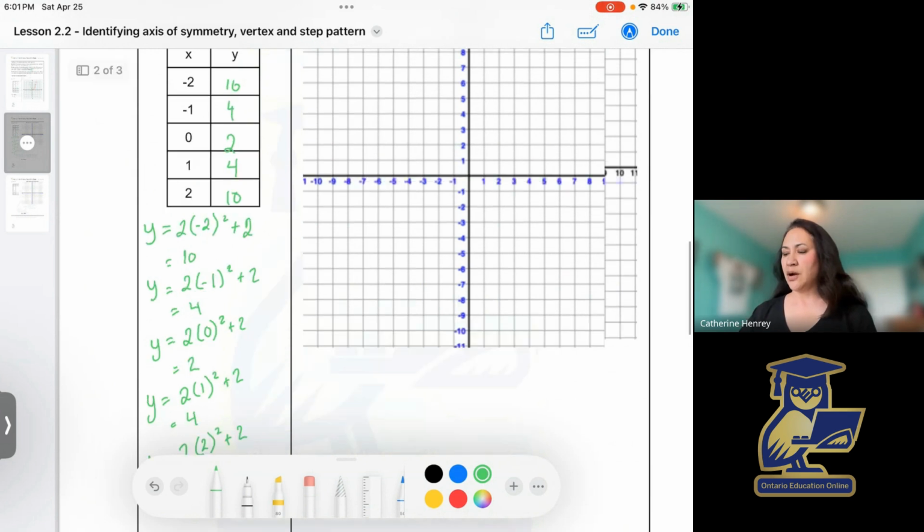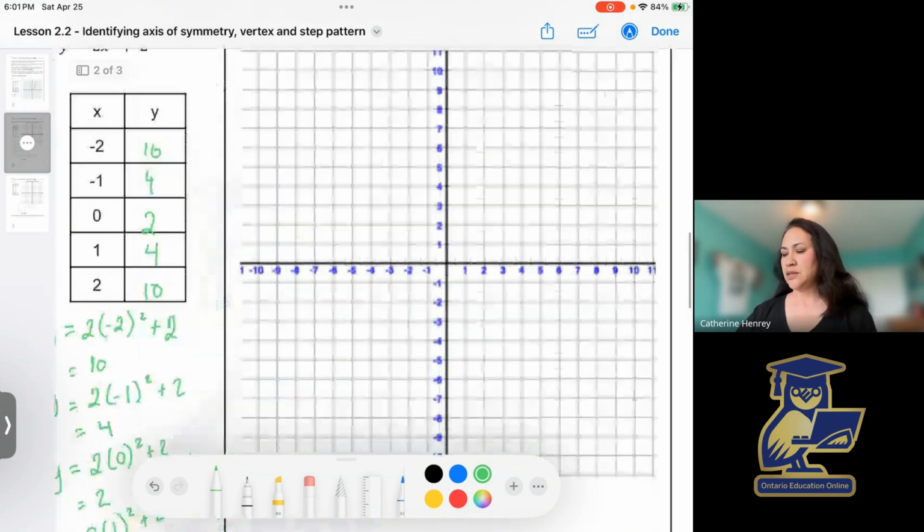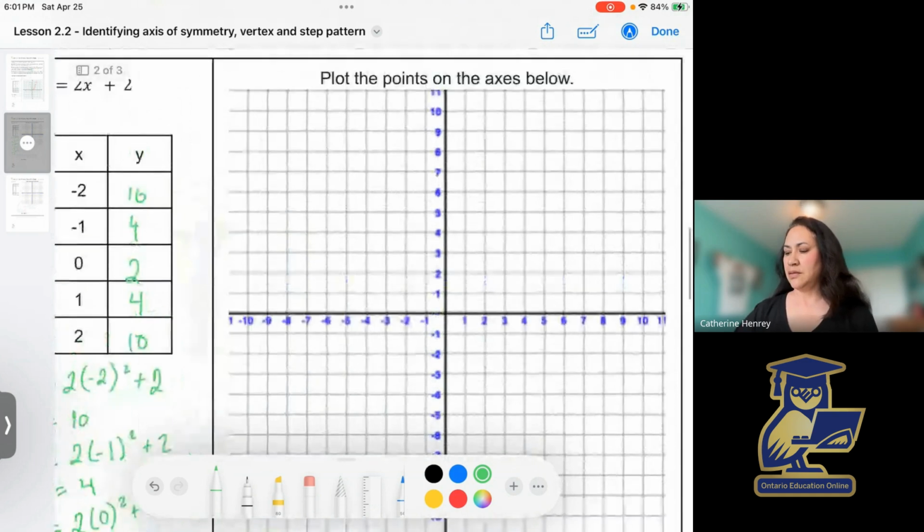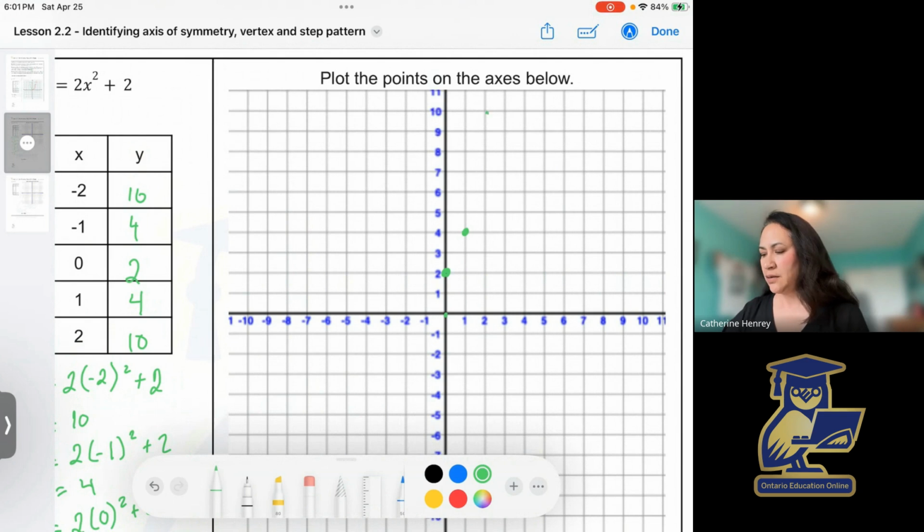So let's go back to our graph and we'll put those points on our axes here. So let's start with the vertex, which looks like it's 0, 2, and then 1, 4, and 2, 10, -1, 4, -2, 10. So do my best here to put a parabola through these points.